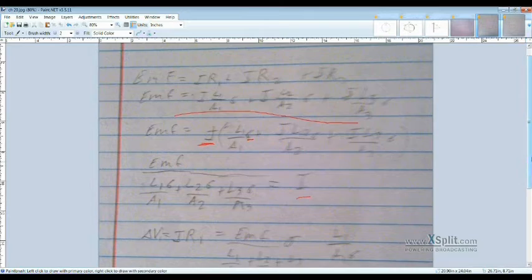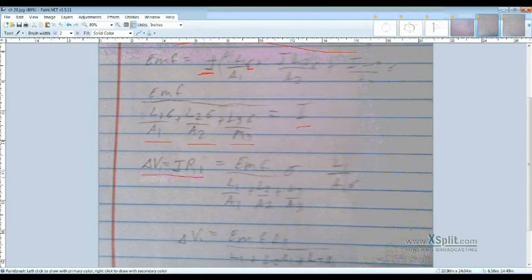So if we solve for I, we can go ahead and have EMF over each wire's length over area times sigma. And then, since we have what I is, we can plug that into Ohm's law, which is V equals IR.